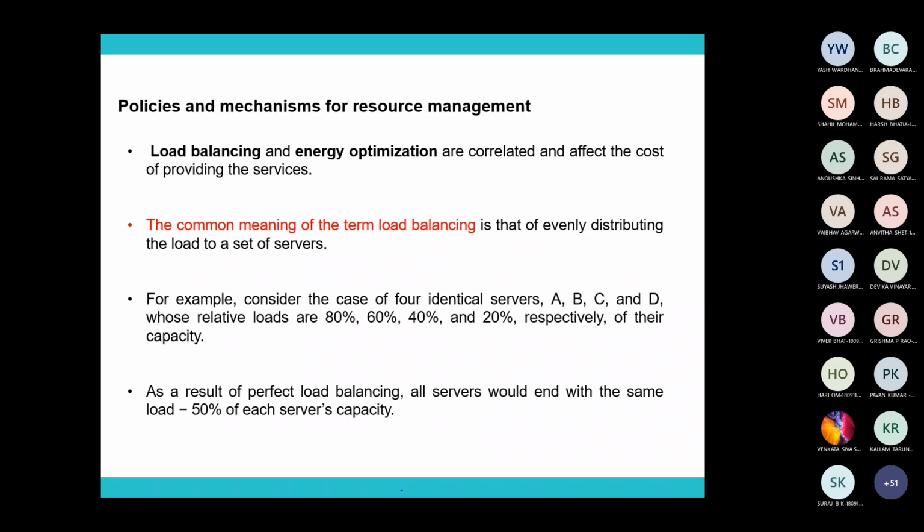When I say load balancing, you add these up: 80 plus 20 is 100, and 60 plus 40 is also 100. So the total is 200, divided by 4, you get 50%. There should be 50% load on each server. That is what comes to our mind when we talk about load balancing. All servers should have equal load.